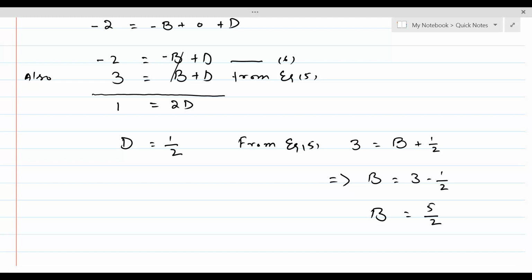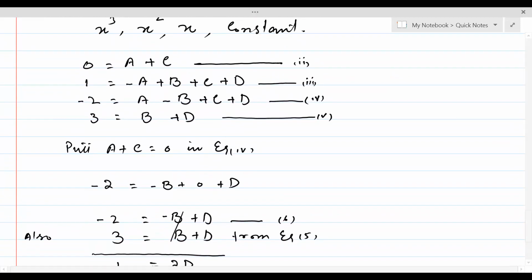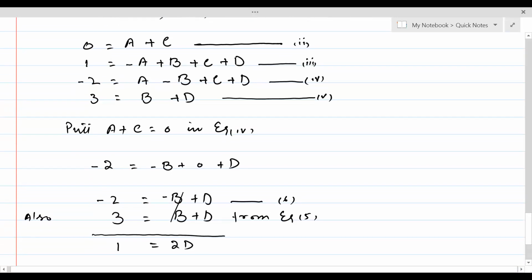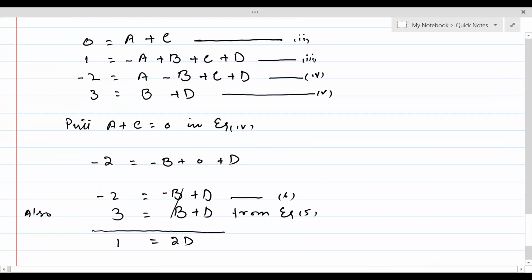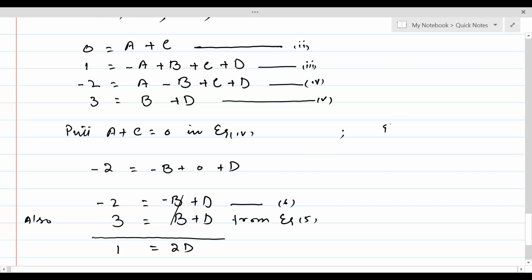And now adding 3 and 4, what we get is: we have 1 equal to minus a plus b plus c plus d, and minus 2 equal to a minus b plus c plus d.